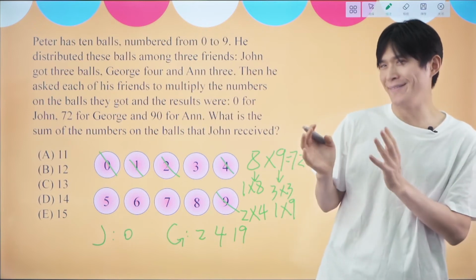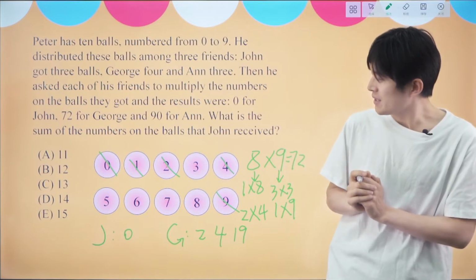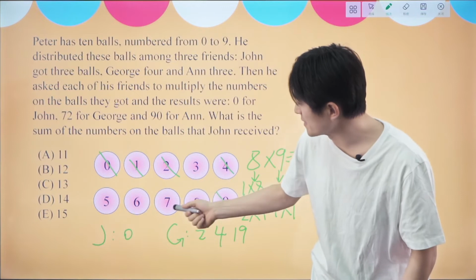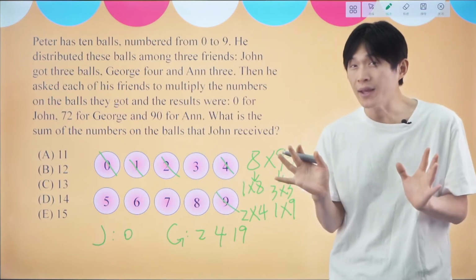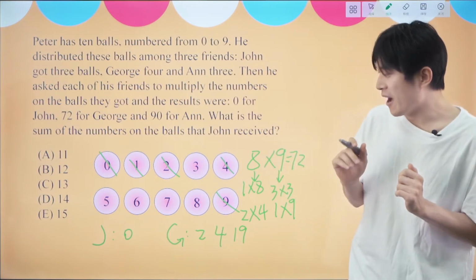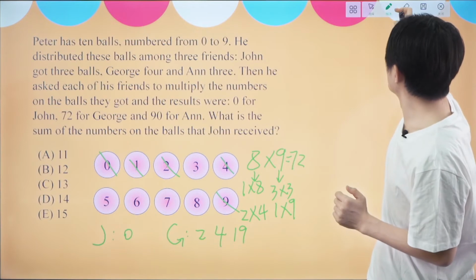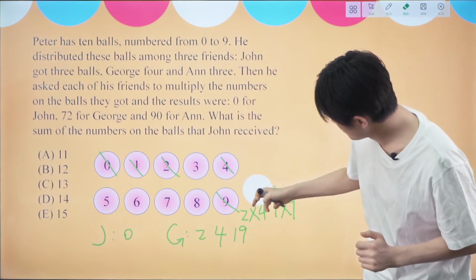How can you get 90 when you multiply 3 numbers? So we have 3, 5, 6, 7, 8. Maybe you can try 3 times 30 is 90.